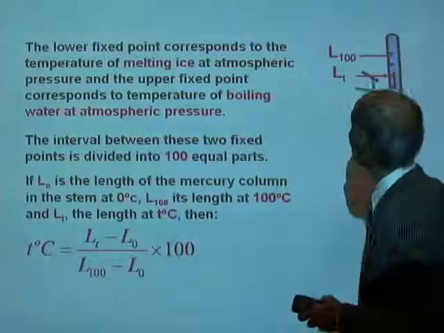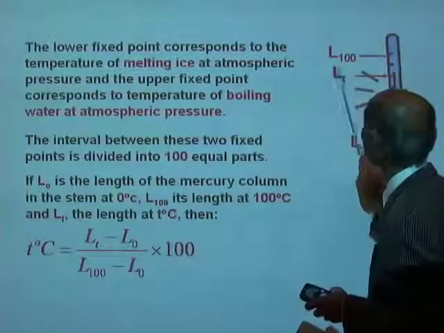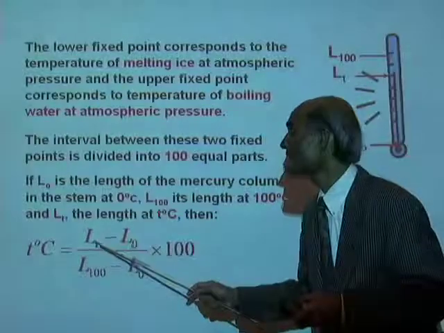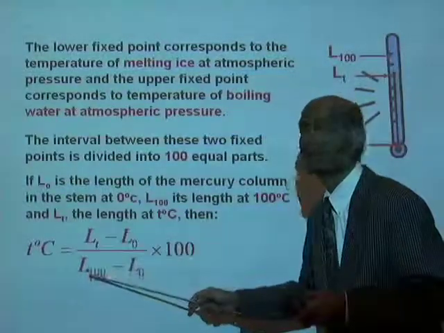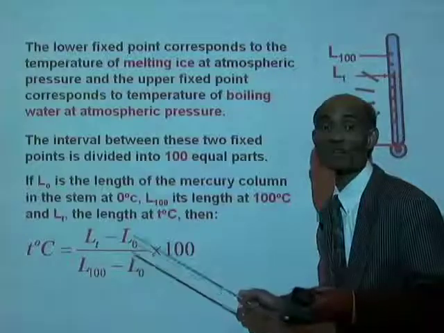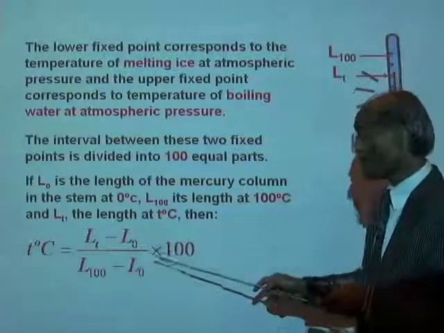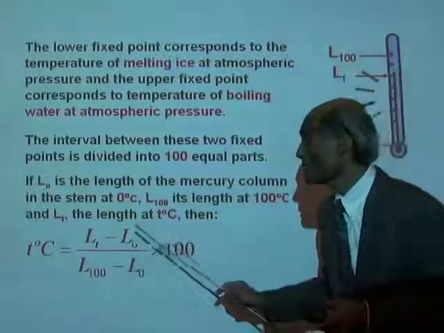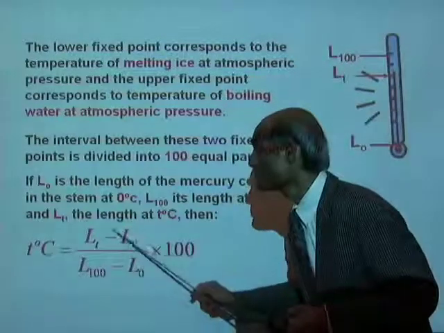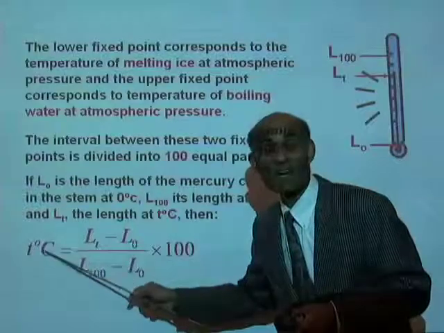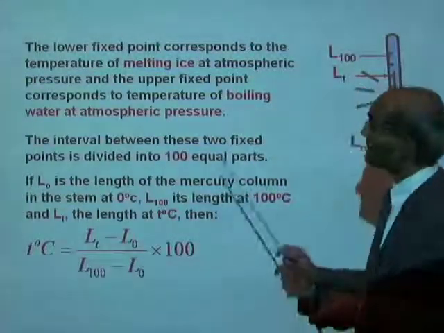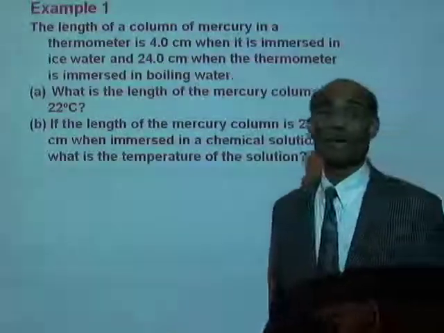T degrees Celsius, the temperature corresponding to this length, equals LT minus L0 divided by L100 minus L0, multiplied by 100. That means if you can measure some of these quantities, we can calculate the unknown quantities. Is that right? All right, let's do a problem using that.